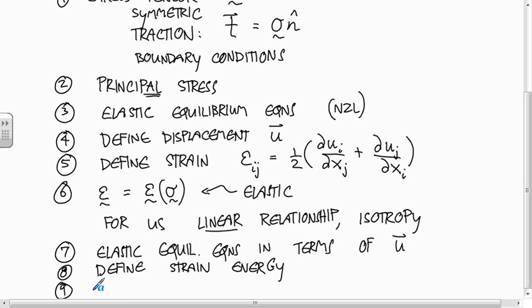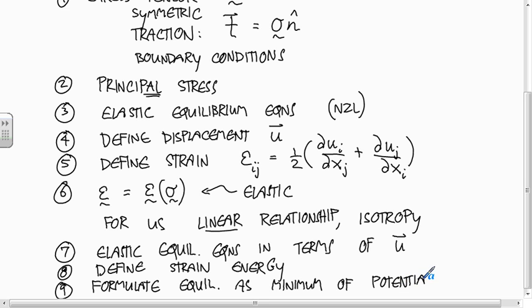We're going to formulate equilibrium as the minimum of potential energy. Strain energy is part of potential energy, so this will be using that idea of strain energy. So basically, the two final results that we're going to try to get to are, we're going to represent equilibrium of elastic objects in two different ways.